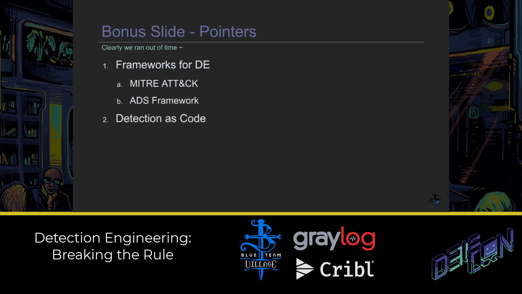Detection as code. I think a lot of this has to do with what we call detection lifecycle. The life cycle of detection rules is where we are talking about how you create, how you maintain, and how you deprecate rules going forward, right?